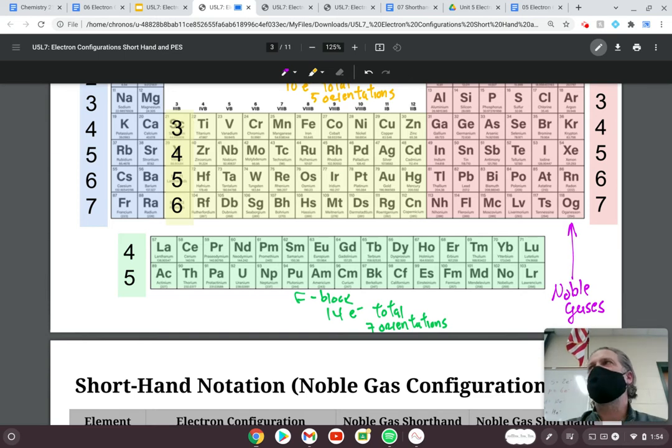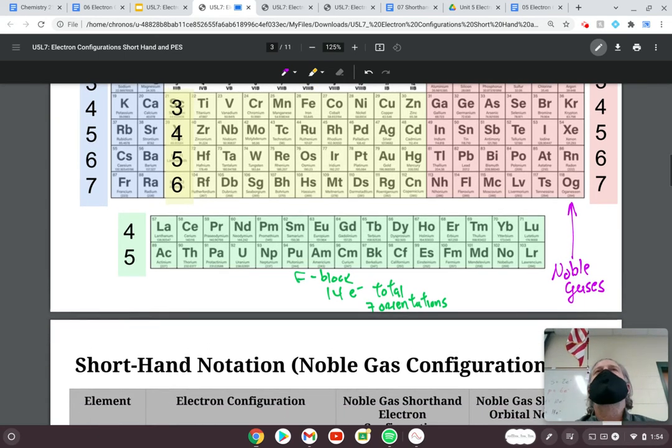Hopefully that sounds vaguely familiar. The noble gases are the elements that are gas at room temperature, number 1. And number 2, they are considered inert, meaning that they don't tend to react with anything else unless they're forced to. And even some of the ones that are forced to can't react with anything else either.